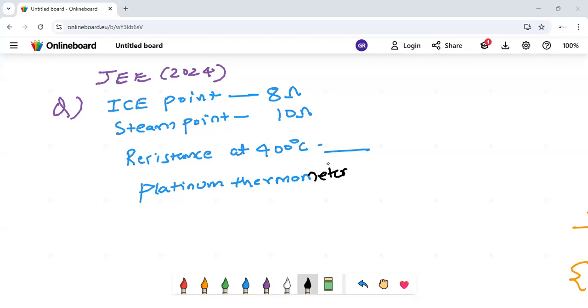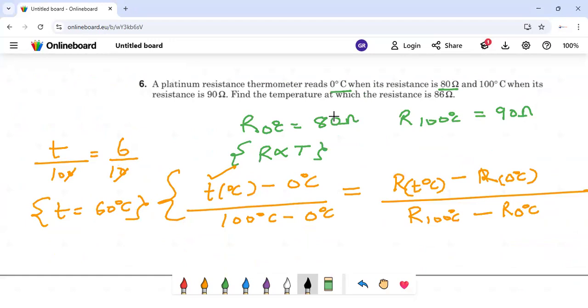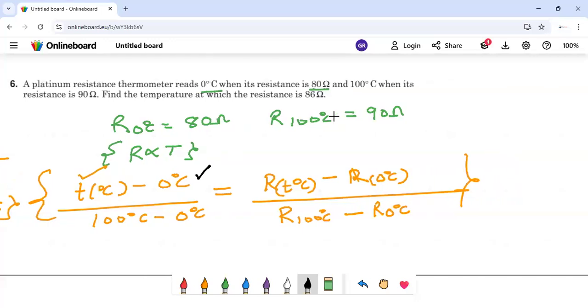Abhijay, correct. Himanshu, what I have written is using the relation that resistance is directly proportional to temperature. This is the temperature scale, how we write the temperature scale of any unit, right? Replacing the temperature with the resistance is what we have done because they are both proportional. So instead of T, I can write K times R, right? So at 0 degree, you can write the resistance at 0 degree.